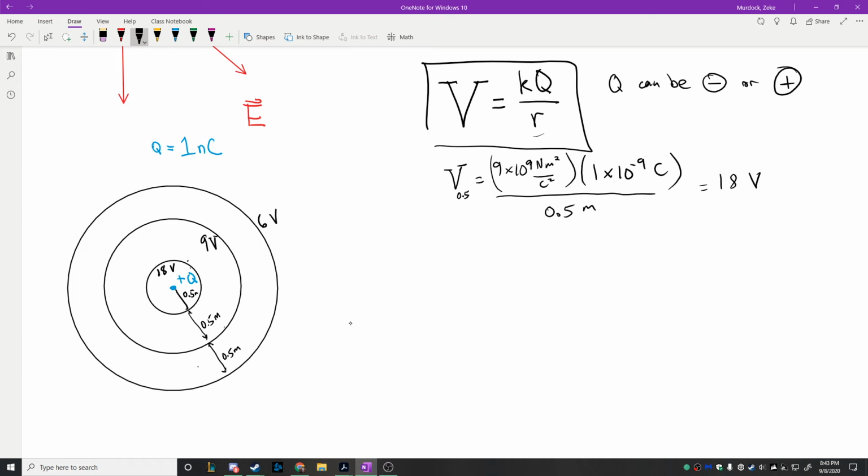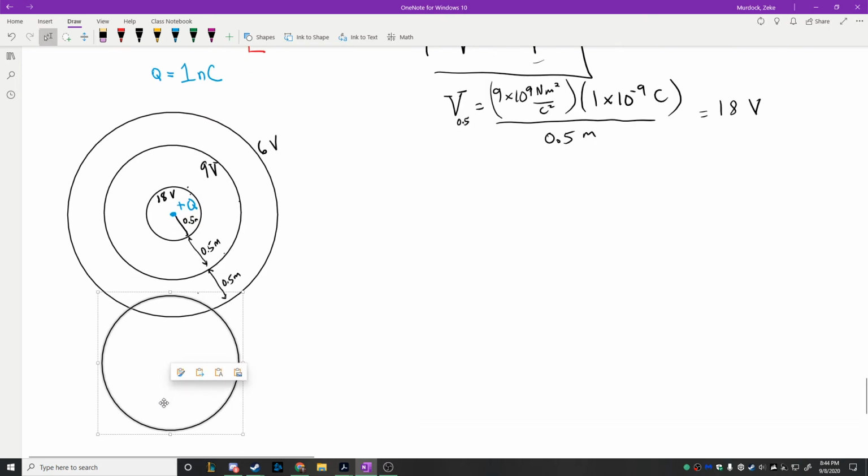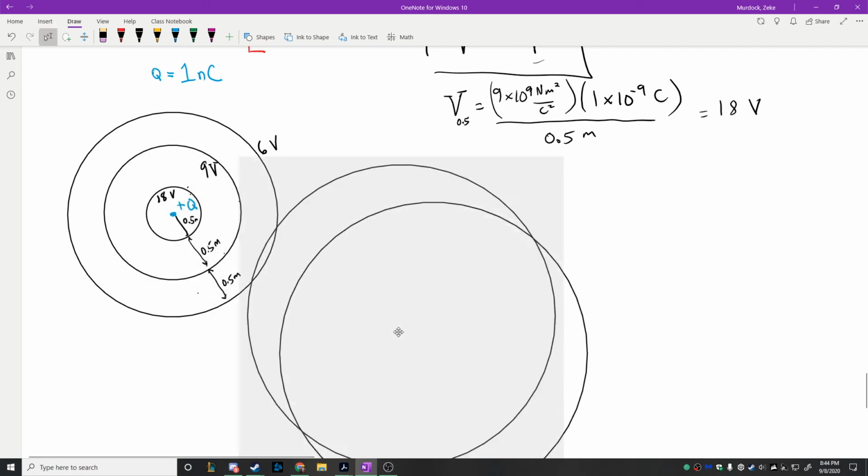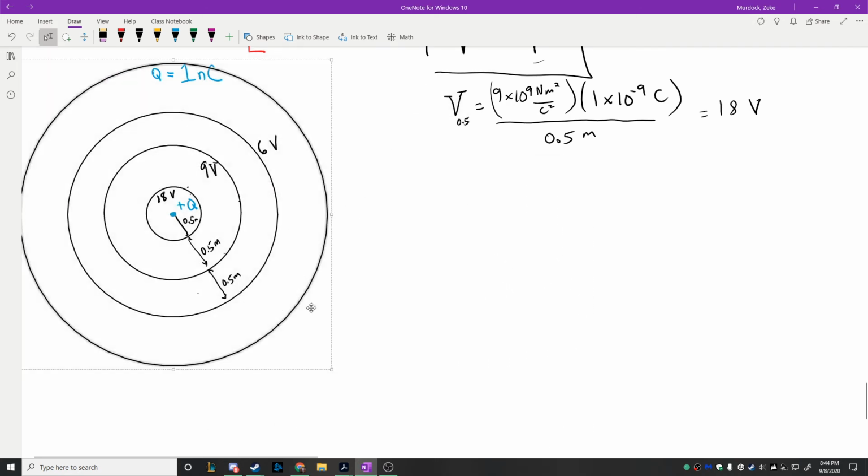Alright, so I guess I would ask you guys this. Is the decrease uniform? Do we need to do one more just in case? What would the next one be? The next one would be 4.5, right? This line would be 4.5, right?